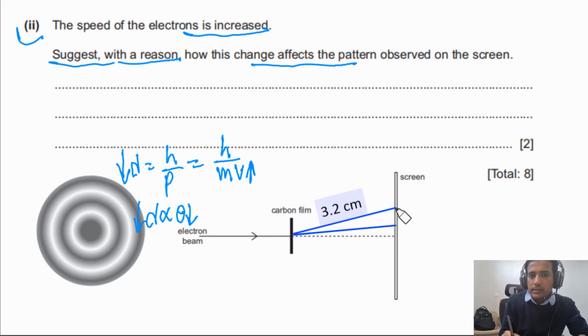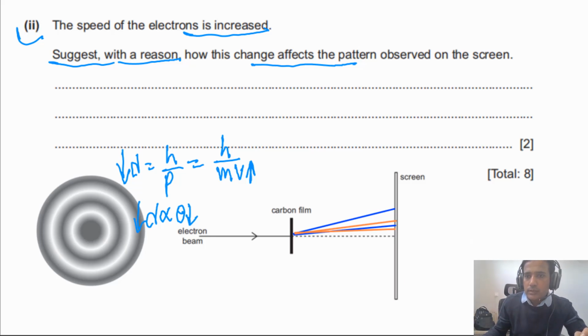But now when we increase the speed, how will these rings form? The first one may be formed here, and the second one will be formed here. So they will be closer to each other, so the angle will decrease. This is the point you need to understand.